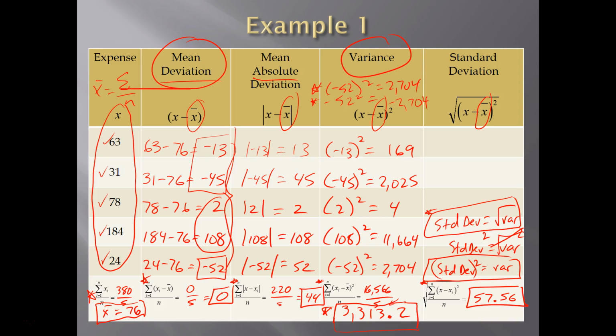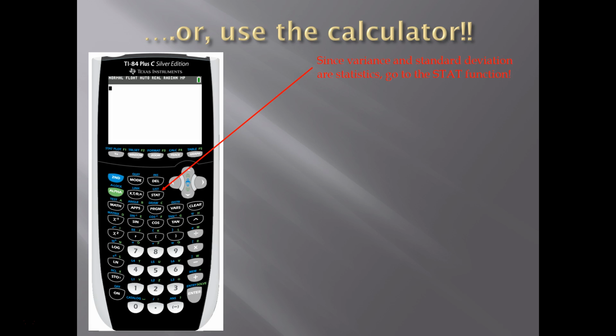The mean absolute deviation, the mean deviation, these first two, those are really just used to help you find the variance and standard deviation. They're not really all that important as statistical measures in the first place. I mean, other than they're used to find the variance and standard deviation. The variance and standard deviation are used far more often and are far more important. So let's go through and do that on the graphing calculator.